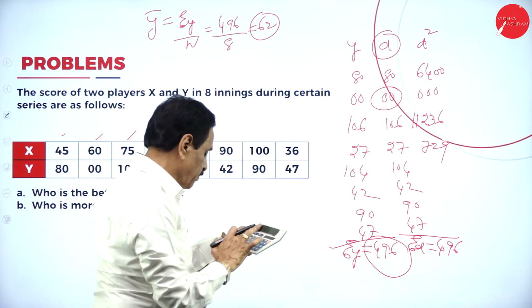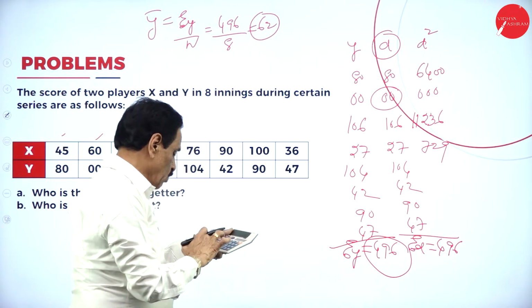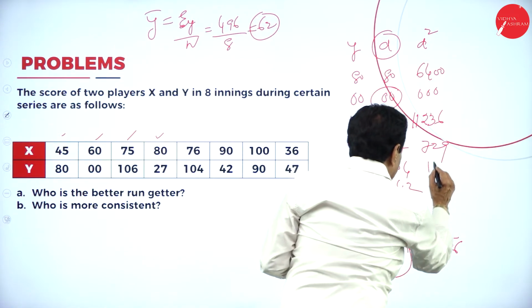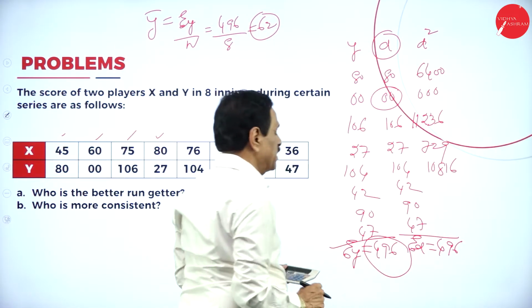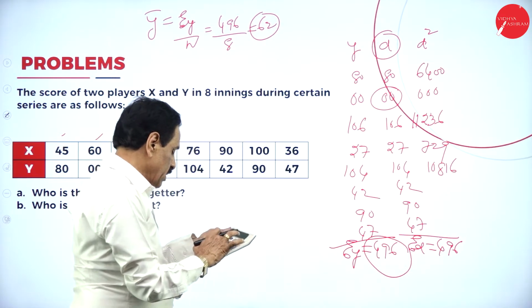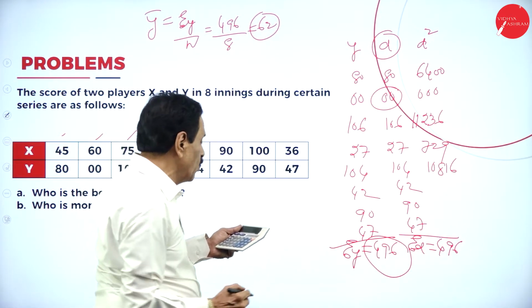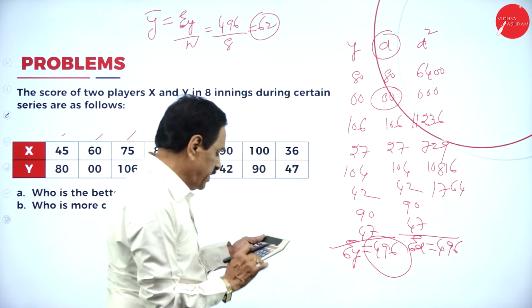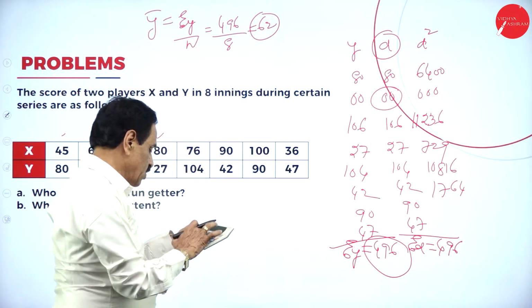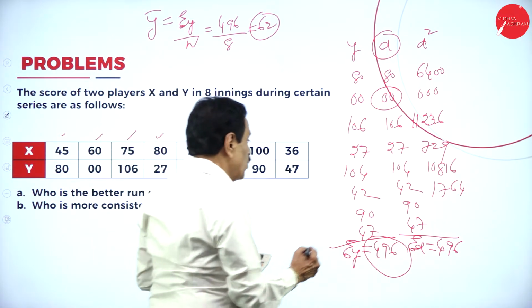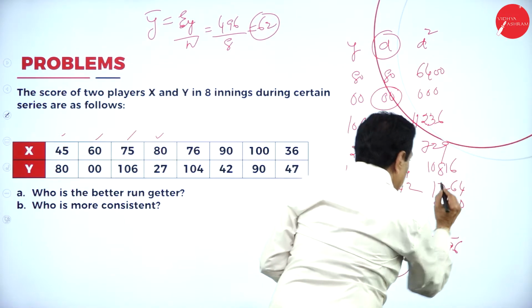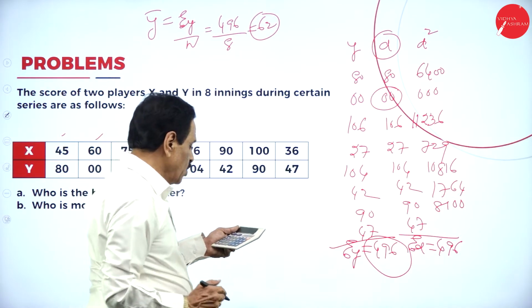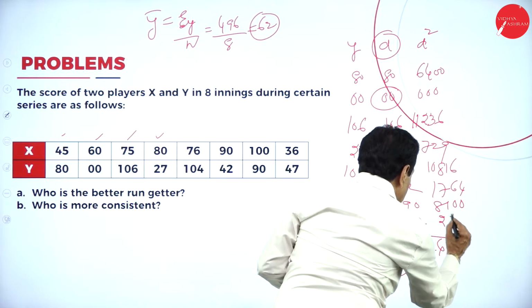Then 104 into 104 is equal to 10,816. Then 42 into 42 is equal to 1764. 90 into 90 is equal to 8,100. Then 47 into 47, 2209.